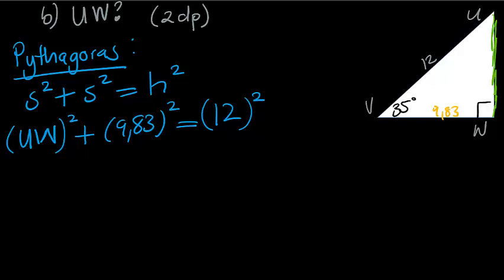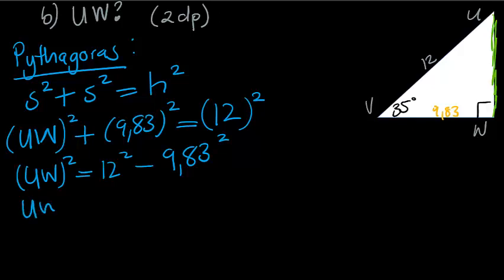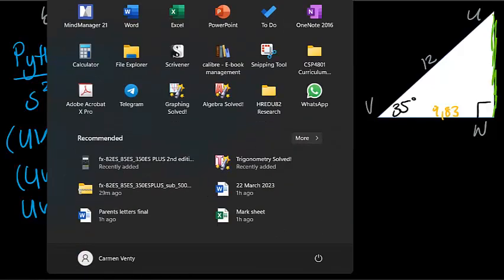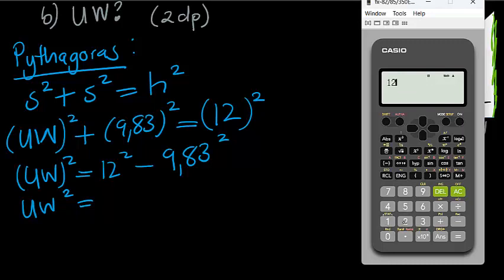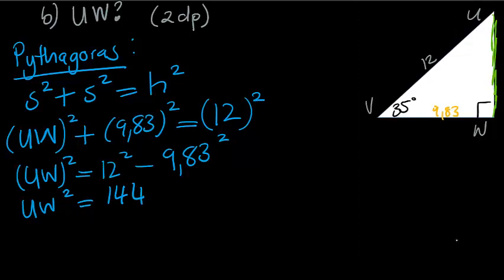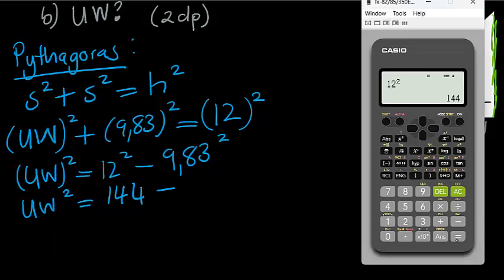So I am going to say UW squared is equal to 12 squared minus 9,83 squared. Let's use our calculator for this. 12 squared gives me an amount of 144, minus 9,83 squared, which gives me an amount of 96,6289.